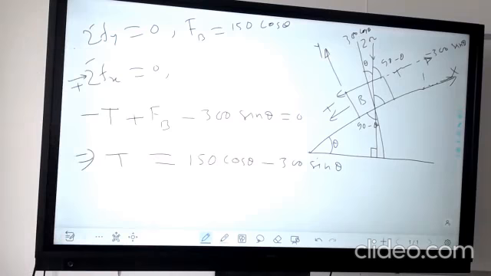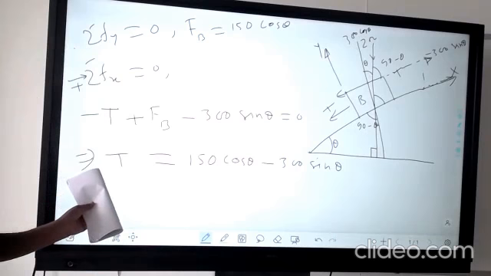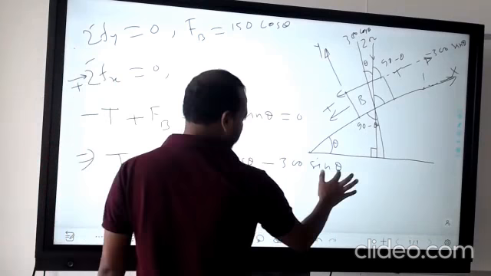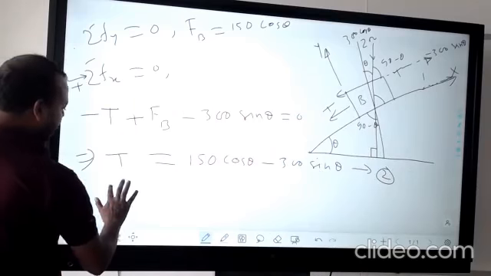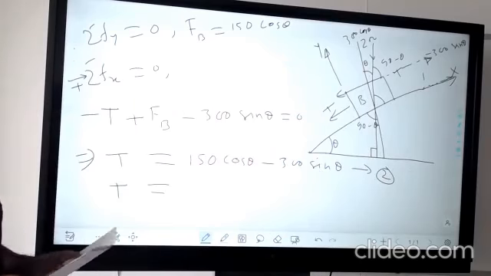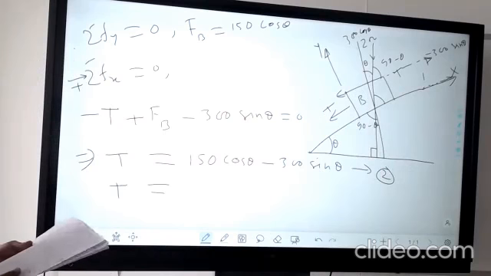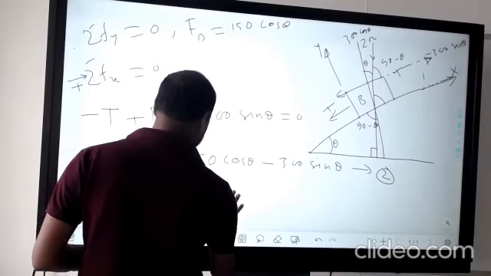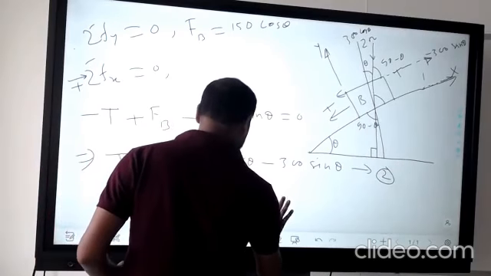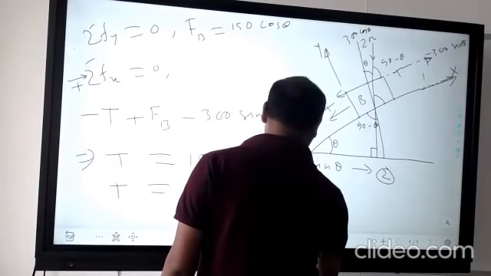Clear? In the earlier also we have one equation in terms of t. So let's say this is our equation number 2, and that was equation number 1. So t is equal to 200 sin theta minus 40 cos theta.